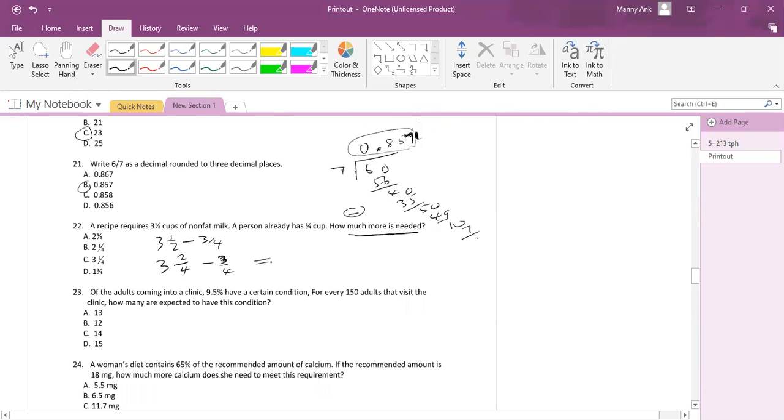Okay. Now look at what I'm going to do here. 2 minus 3 will give a negative number, right? So I don't want that here, because I can borrow from the 3. So I'm going to borrow one whole number from the 3. If I borrow 1 from the 3, I'll have 2 whole numbers. Now the 1 that I borrowed from the 3, what's this equivalent to?